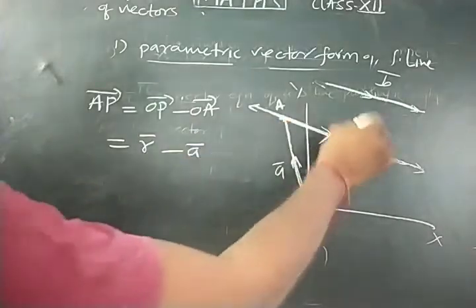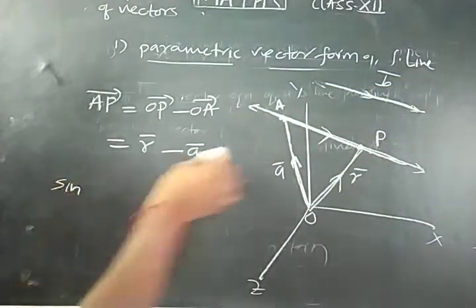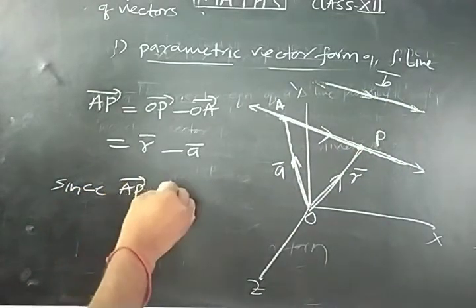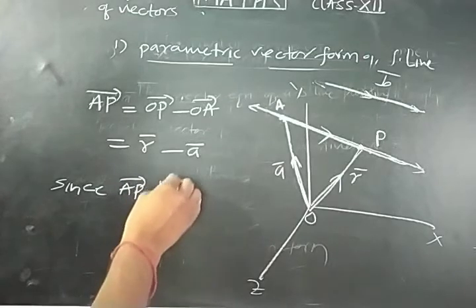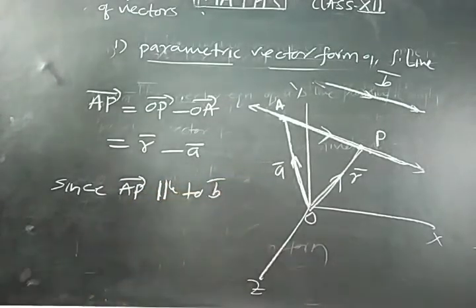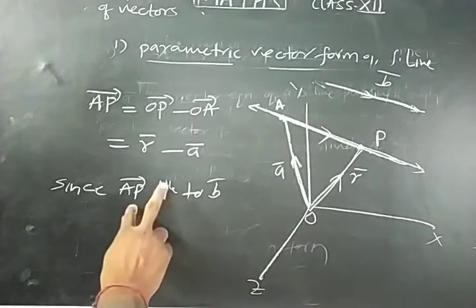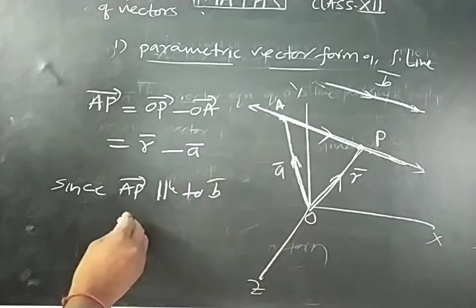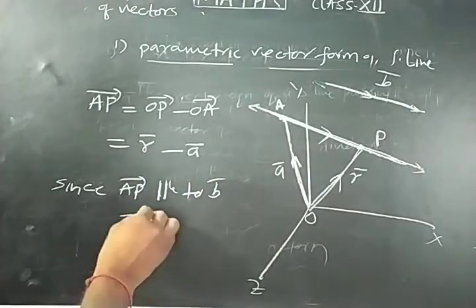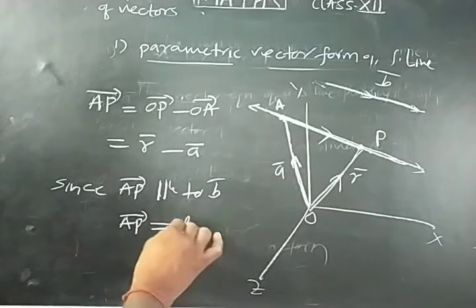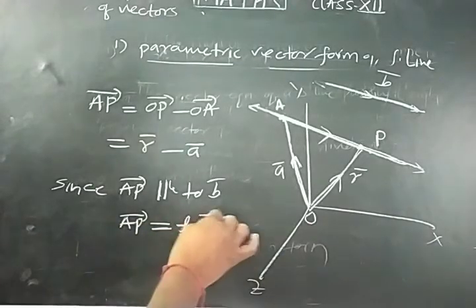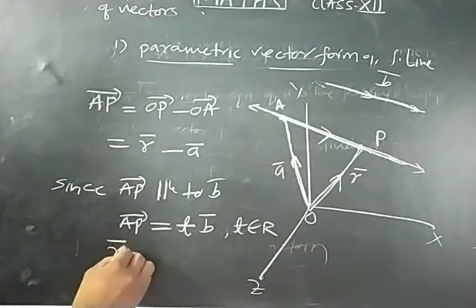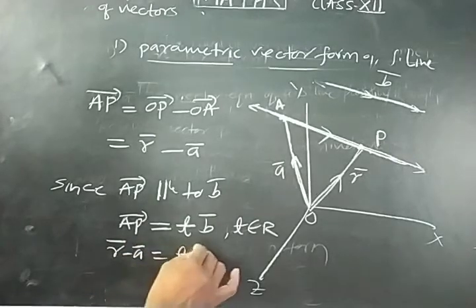Since from the diagram AP is parallel to b bar, if one vector is parallel to another vector, then we can write the first vector equal to a scalar multiple of the other. So AP bar is equal to t times b bar, where t is a real number, t belongs to R. AP vector is r bar minus a bar equal to t into b bar.